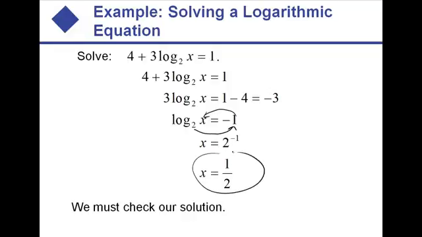Now you always have to check your answers with logs. It's just like when we take x squared equals 4, and you take the square root of both sides, and you get x equals plus and minus 2. And sometimes, depending on the context of the question, maybe the negative 2 doesn't work, and so you end up just saying x equals 2.